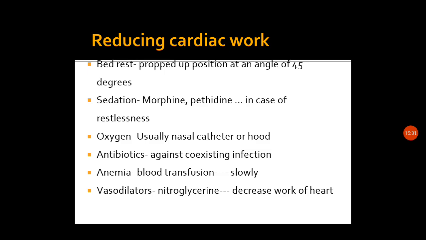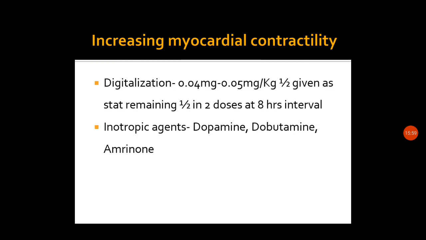Antibiotics against any coexisting infection, which requires more oxygen demand in the patient. Then for anemia, blood transfusion is administered slowly, then vasodilators like nitroglycerin will be administered to decrease the work of the heart. So these are the interventions which we use for reducing cardiac workload.